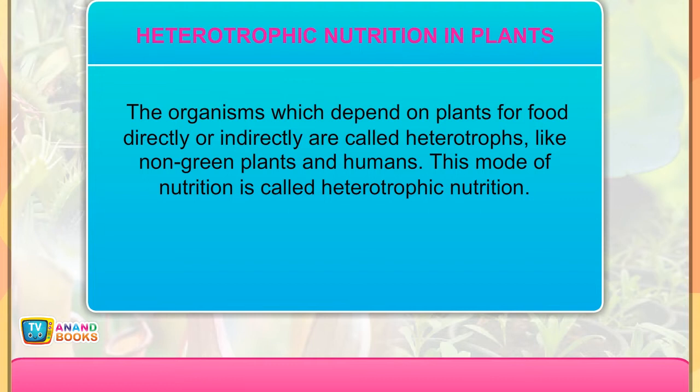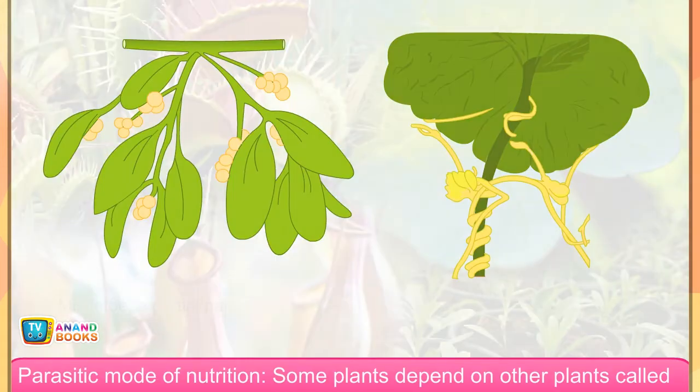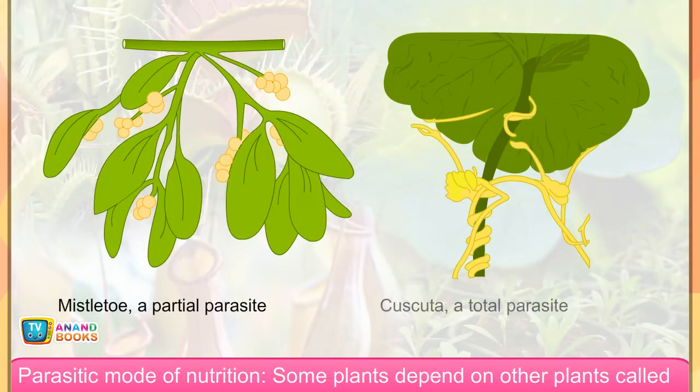Heterotrophic nutrition in plants. The organisms which depend on plants for food directly or indirectly are called heterotrophs, like non-green plants and humans. This mode of nutrition is called heterotrophic nutrition. Parasitic mode of nutrition.